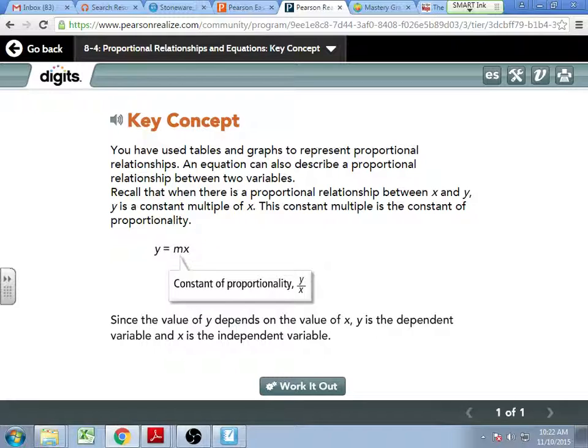So this lesson, all we care about is now we're dealing with equations that are going to be y equals your constant of proportionality times x. Because we said to have a proportional relationship, we have to have a constant of proportionality.